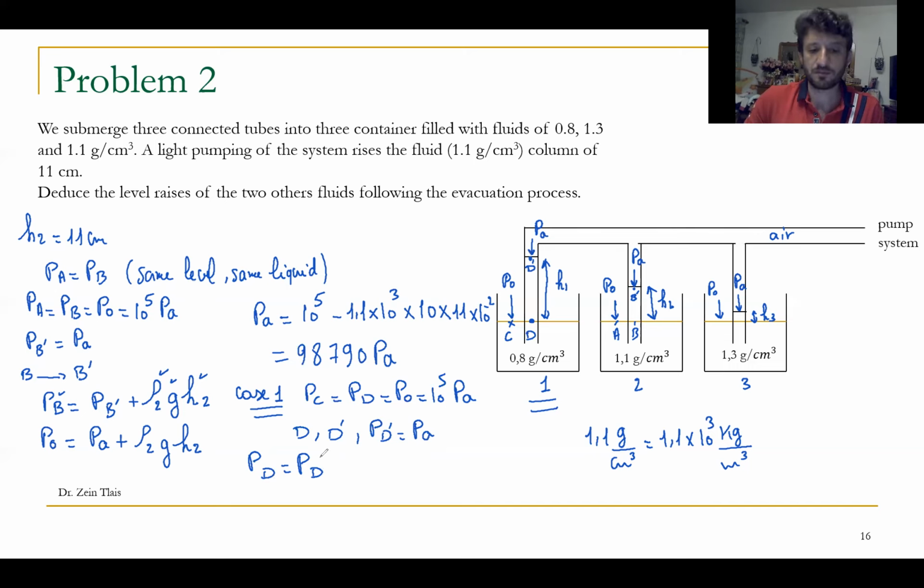PD equals PD prime plus rho 1 G H1. So we have PD, which is equal to P0, equals PD prime, equals PA, plus rho 1, which equals 0.8 times 10 power 3 kilogram per meter cube, times G times H1. I need to calculate H1.